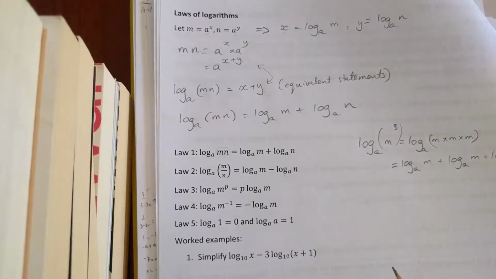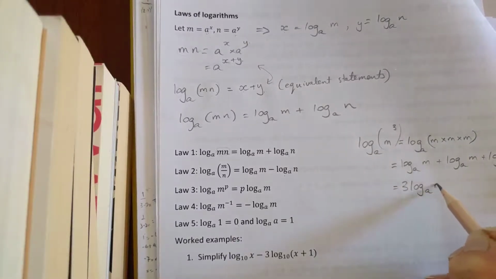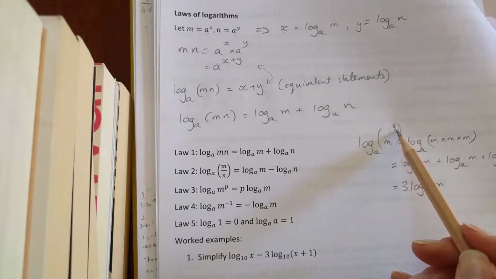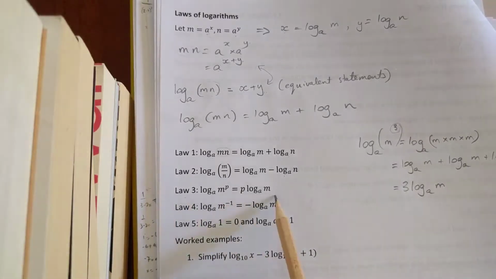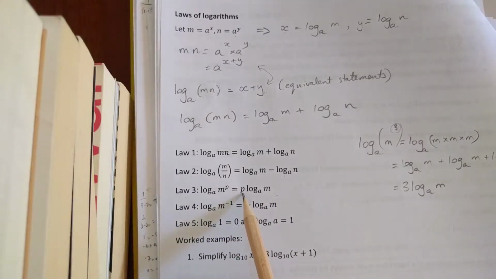And if I added those together, I'm going to get 3 log base a of m. So what has happened is that this power inside the argument has become a constant multiplied by the logarithm on the outside. And that's what happens with law 3. This power p becomes a constant multiplied by log base a of m.